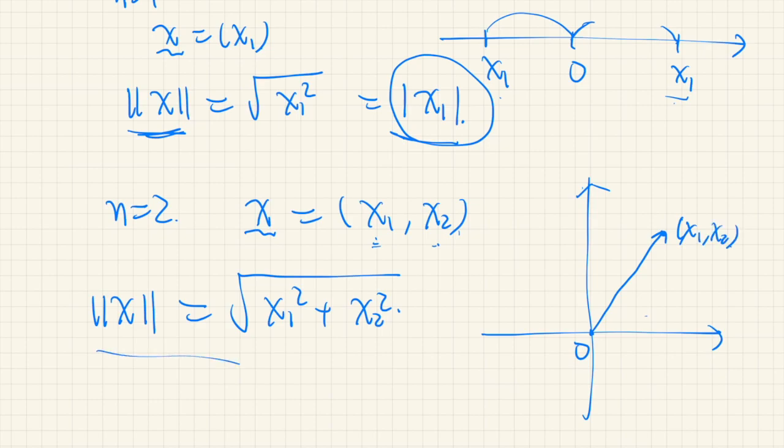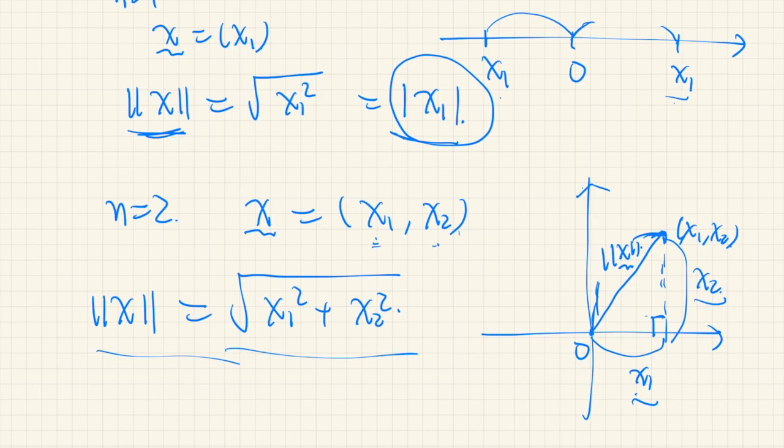And this norm represents the length of this arrow. This can be easily seen from the Pythagorean theorem, because this length is x1 and this length is x2, and this is the right angle. So according to the Pythagorean theorem, x1 squared plus x2 squared is this length squared. So taking the square root, we have this length.